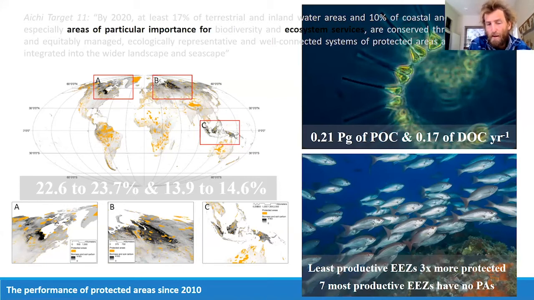We looked at protection of those, but also in the high seas, essentially in pelagic zones, we looked at coverage of these and whether the coverage seems to target highly productive fisheries or not. The 7 most productive pelagic regions have no formal protected area coverage, which we thought was a bit concerning.